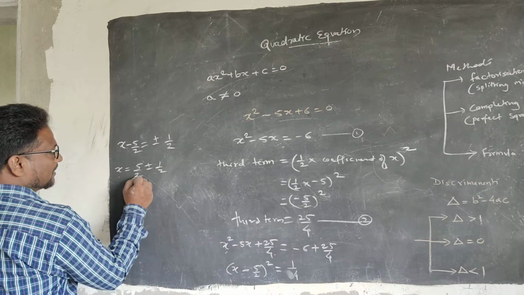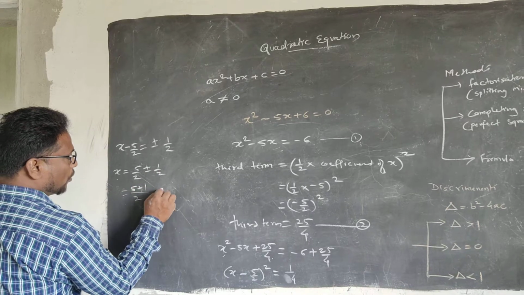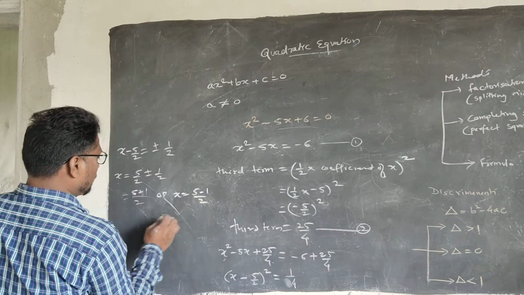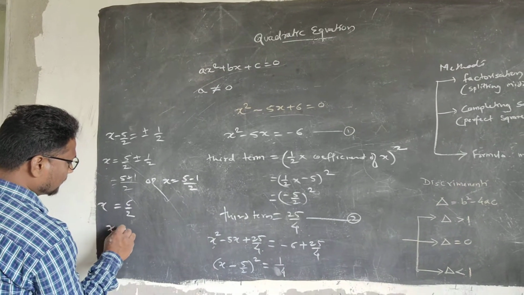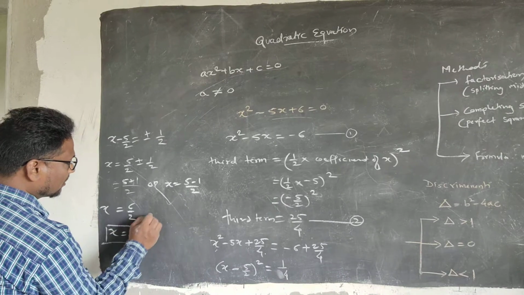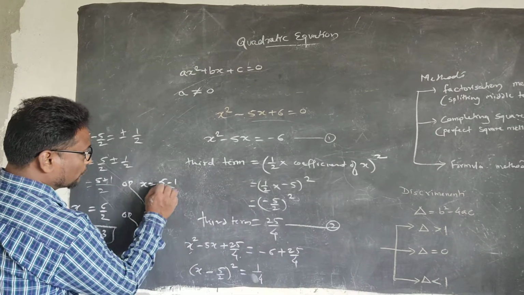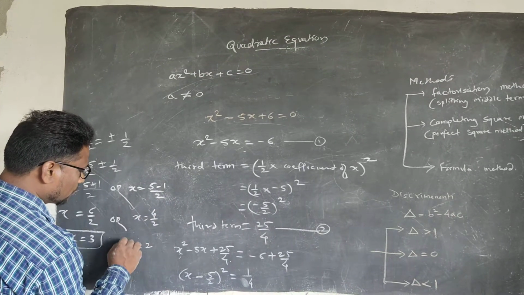Taking the sum, that is 5 plus 1 upon 2, or x is equal to 5 minus 1 upon 2. This gives you 6 upon 2, which is the same answer as we got with factorization, and x is equal to 5 minus 1 is 4 upon 2, which means x is equal to 2.